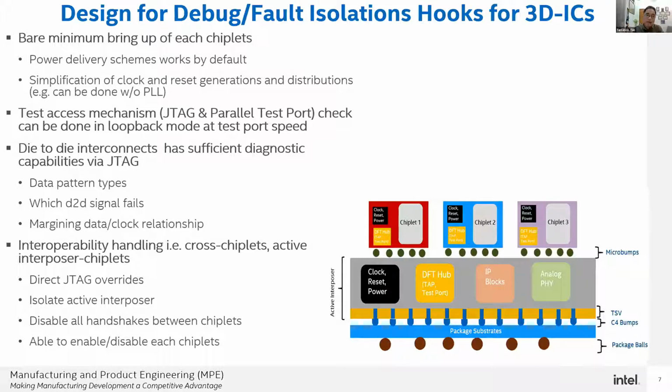Maybe I can add a bit on the standards, right? The standard needs to provide some kind of debug hooks, especially on how you isolate the interposer. For example, maybe we have a common scheme of overriding, a rule saying that you need to have a safe state for all the signals coming from the top chiplet into the active die. Maybe between the two chiplets, any handshake you want to disable, right?